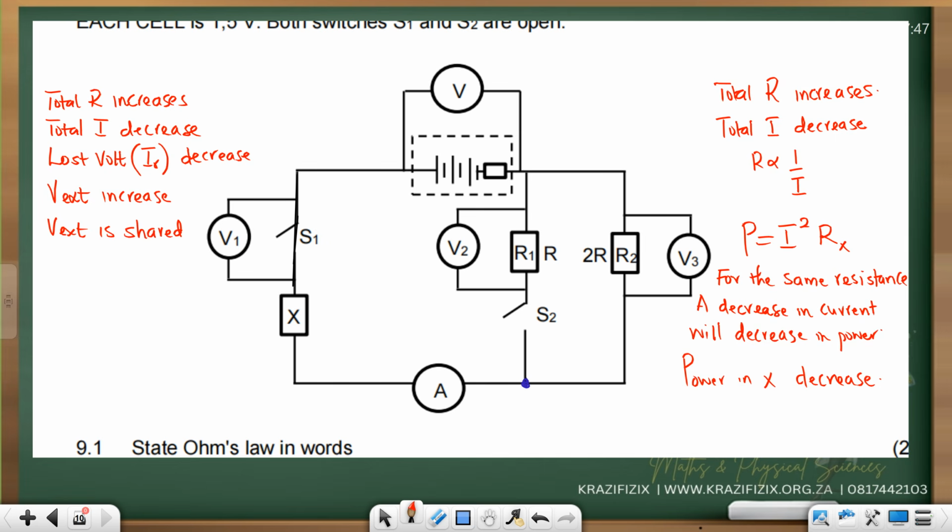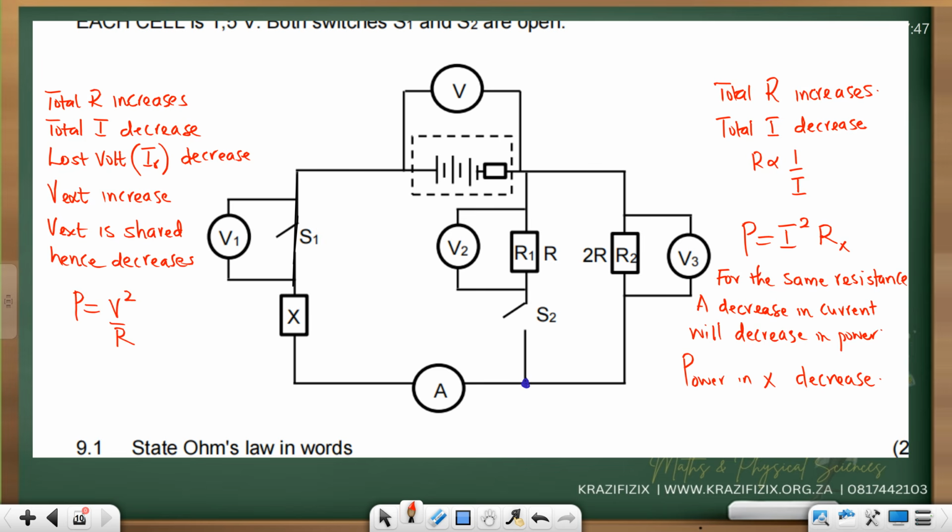Although the total voltage increases, it's still shared. So it will eventually what? Decrease. So V external is shared, hence decreases. Why is it shared? Because they are connected in series.